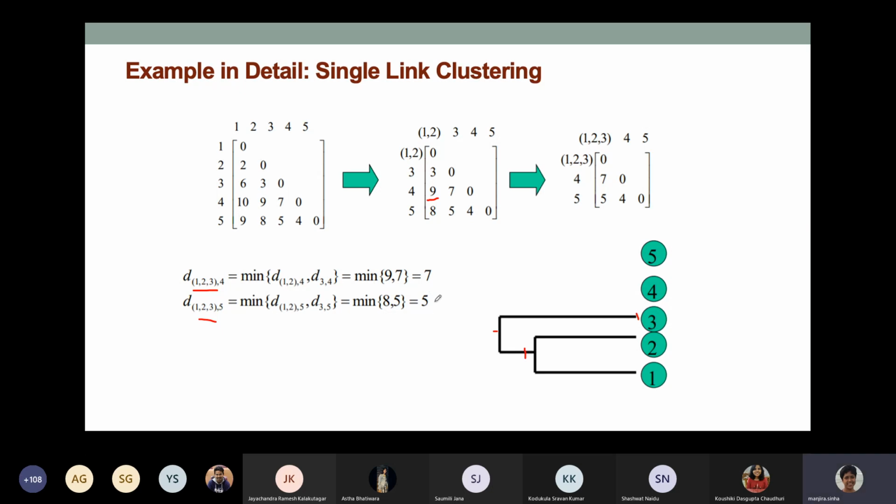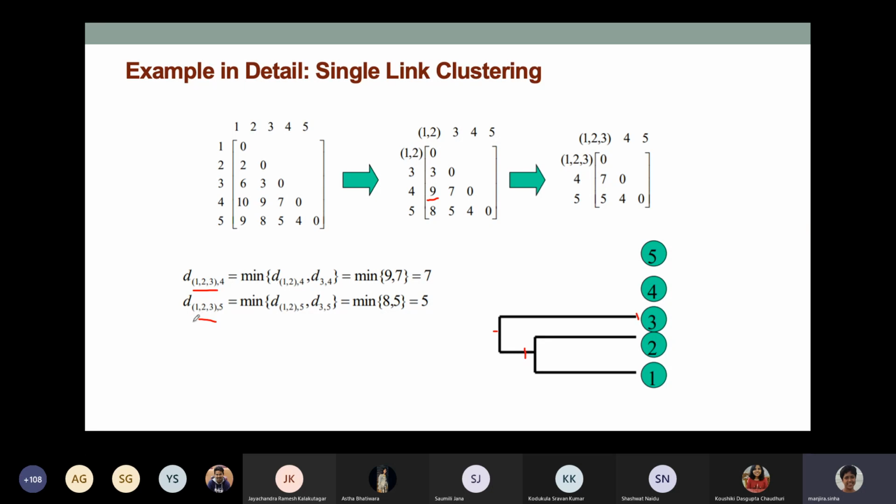7 and 5, but there is another thing. When we are doing the clustering, it is not just that we go from 1 to 3. We also need to check whether, say, these two nodes 4 and 5 will be grouped in a cluster. See, the distance between 1, 2, 3 and 4 is 7.